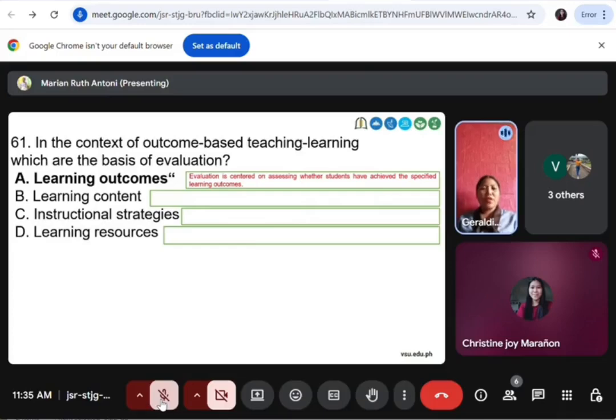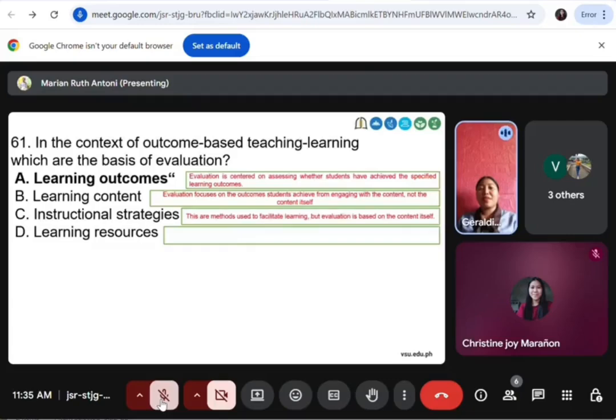It's because evaluation is centered on assessing whether students have achieved the specific learning outcomes. So why not B, C, and D? Learning content is not the basis, because evaluation focuses on the outcomes students achieve from engaging with the content, not the content itself.